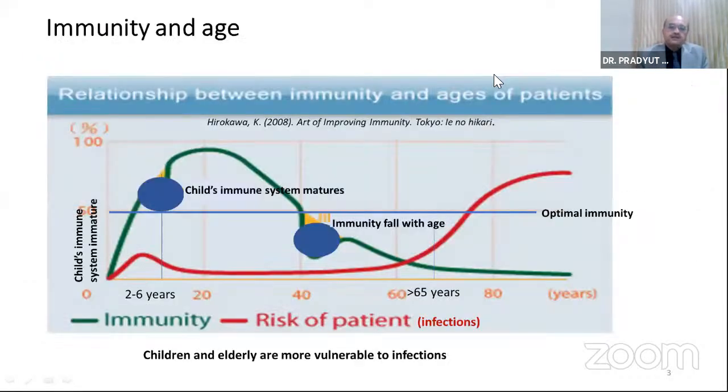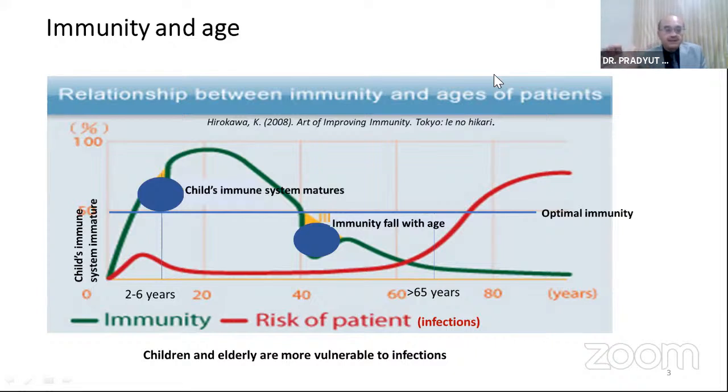If you see this slide here, it shows there is a definite relationship between the immunity and the ages of the patients. In children at the extremes of age, the child's immune system is immature till he is around 6 or 7 or 8 years of age. Once he attains that age, his immune system starts to mature. And then as the person increases up to 45, 50 years, the immunity is maintained.